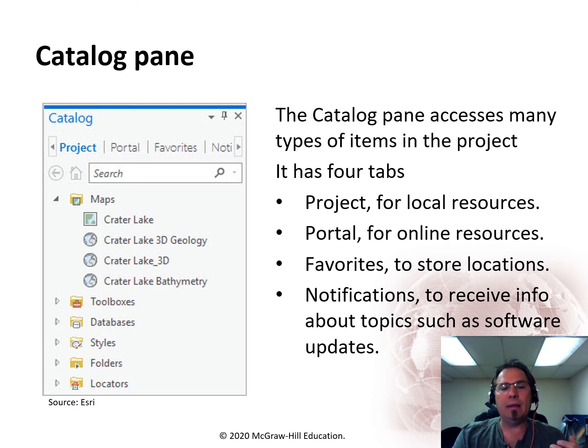But it's laid out a bit differently than it used to be. So they have things organized by maps, toolboxes, and databases and folders. That all used to be just directory structure straight out. So it's taken me a little bit of getting used to, but it actually is really nice as to how it works.